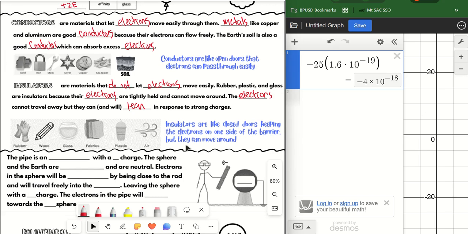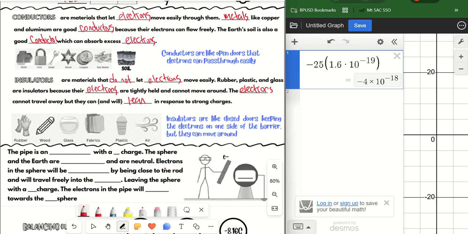Now, if we look at this image at the bottom right here, it says a pipe is an insulator. And this specific pipe is going to have a negative charge. The sphere and the earth are conductors and are neutral.